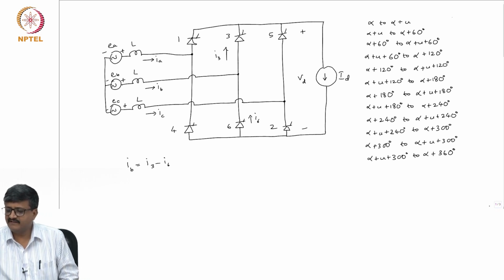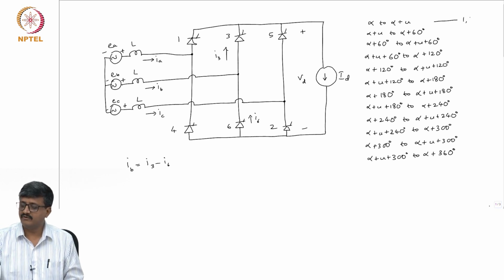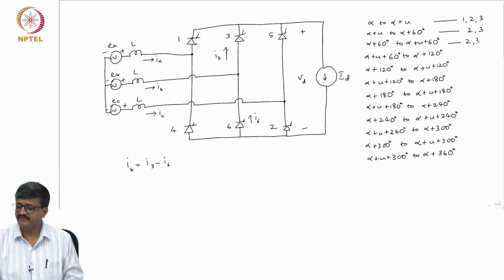So, we know what are the valves that conduct. If you take the first sub interval, the valves that conduct are 1, 2, 3. The second sub interval, it is 2, 3, then 2, 3, 4, then 3, 4, 3, 4, 5, 4, 5, 4, 5, 6.